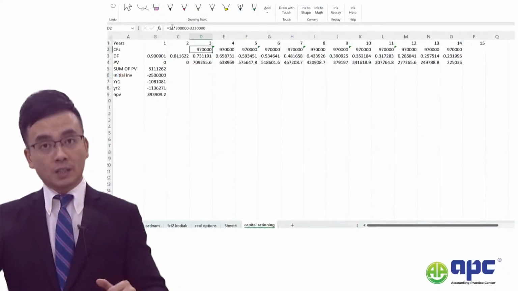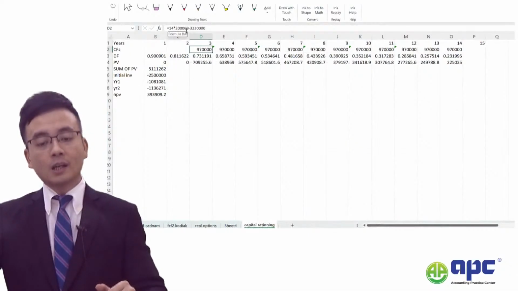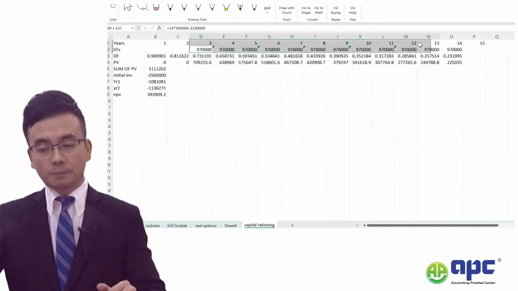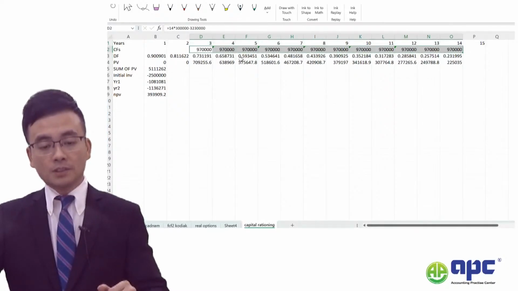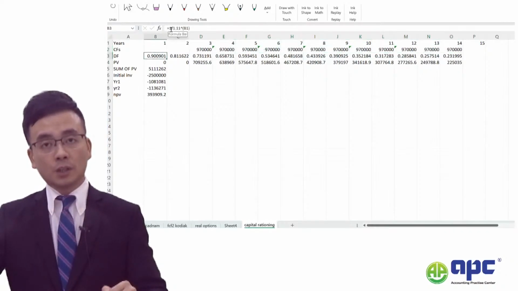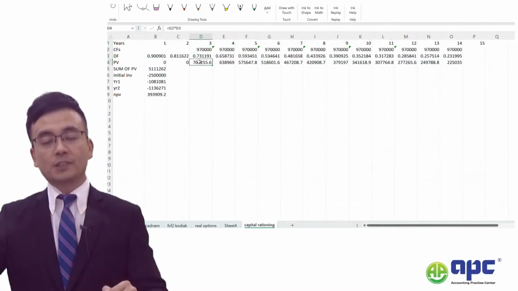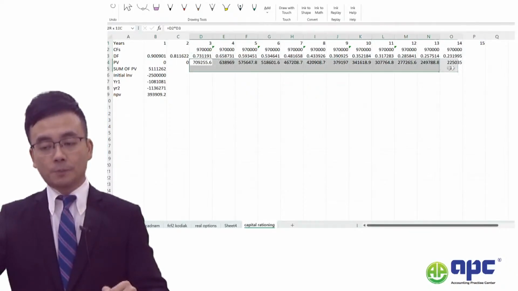We put $14 of the selling price, times the number of units of 300,000, and minus the development cost each year, 3.23 million. That'll be 970, up to the 14th year. Discount at 11%, so equals 1 over 1.11 to the power of years, and drag it here. And using cash flows times the discount factor, that gives us the present value.